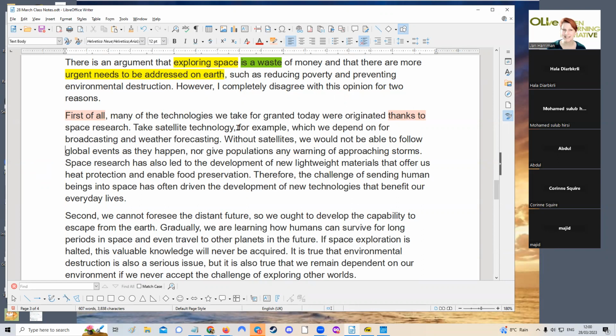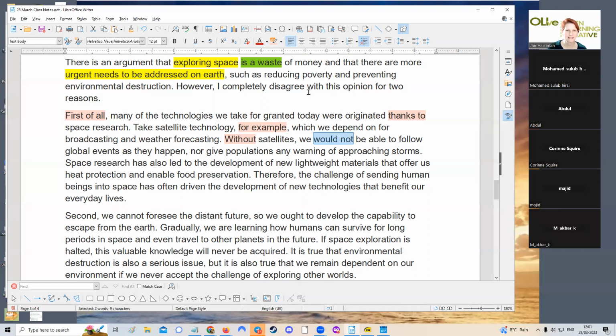Recognize that phrase? Still with me? Which we depend on for broadcasting and weather forecasting. Without satellites, we would not be able to follow global events. So that's a lovely cause and effect one.